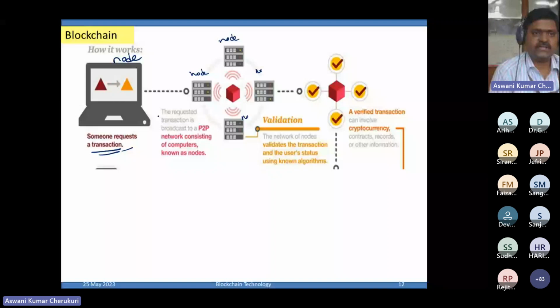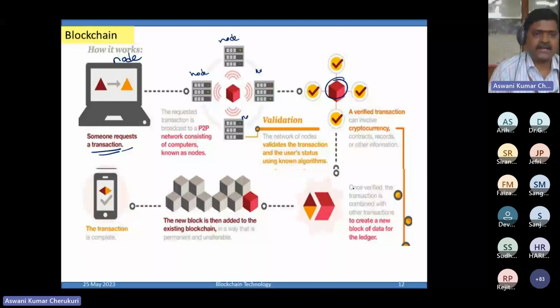Once the nodes have validated it, that transaction gets added. When we have a certain set of transactions, they get added to a block. So a verified transaction gets added to the block. Once you have a block, that block gets added to the blockchain.